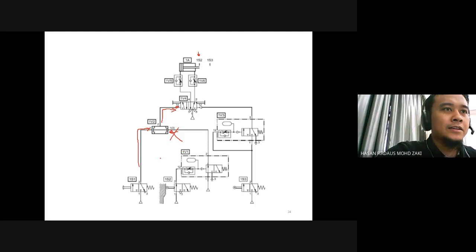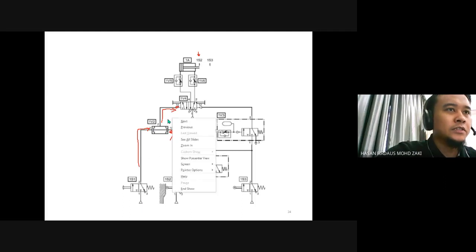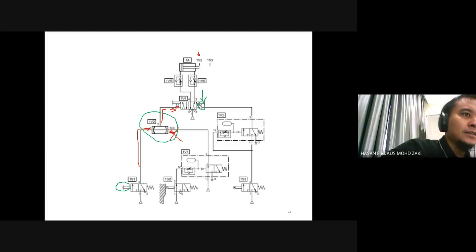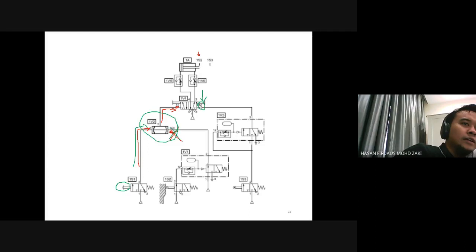Therefore, this one does not function anymore. All right. So this one extends up to 1S3, and after some delay this one will be triggered, right? And then retract. So even if you hold for the whole cycle, it won't give any function to this. Because you don't have the signal at the other end.